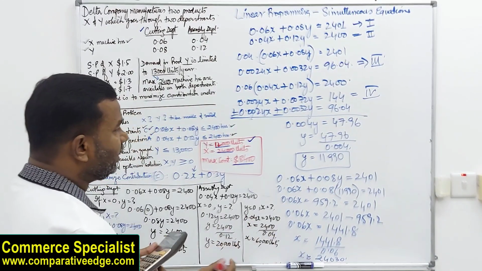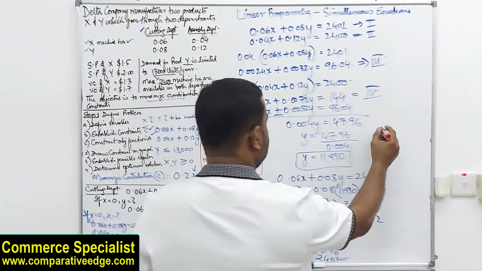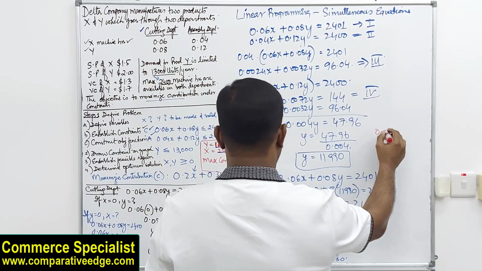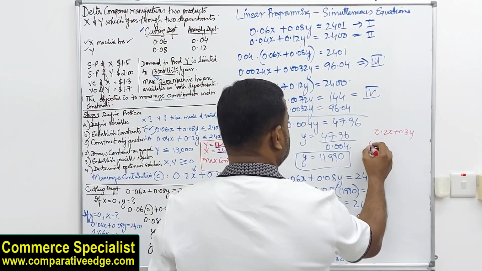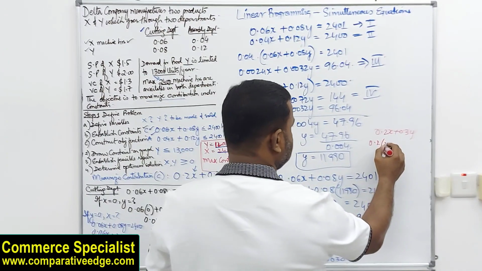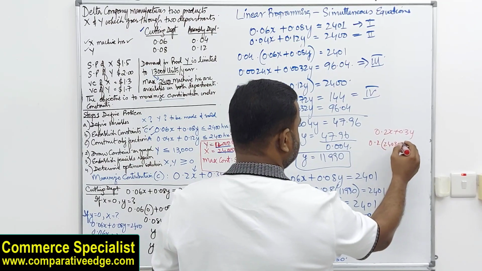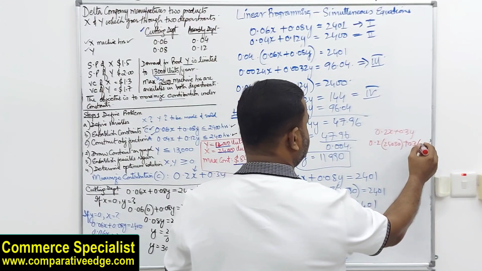Now look, the value has changed. So if I plug in the numbers in the objective function here, 0.2x plus 0.3y, so 0.2 instead of x I am taking 24,030, plus 0.3 instead of y I am taking 11,990.